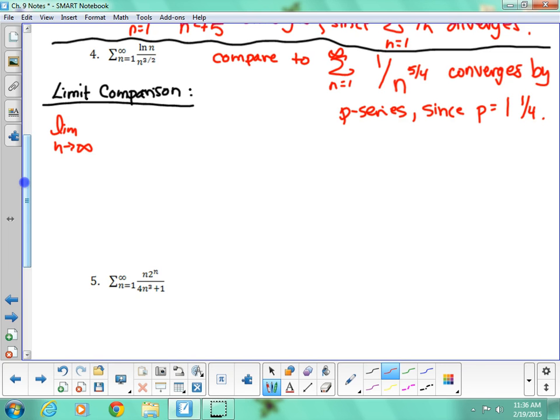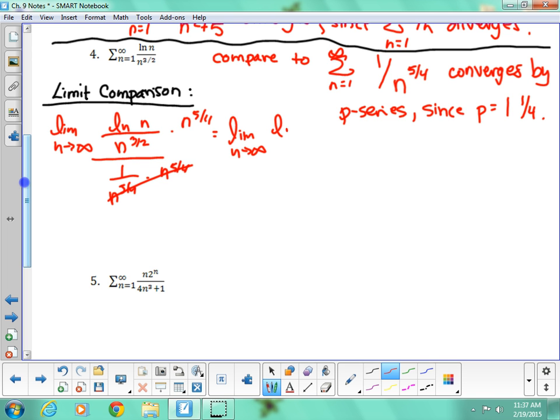But if I make it something that converges but doesn't cancel out, so now I have ln of n over n to the 3/2, all over 1 over n to the 5/4. Wait, 5/4 minus 3/2. 5/4 minus 6/4. Ooh, n to the 1/4. Who's stronger?